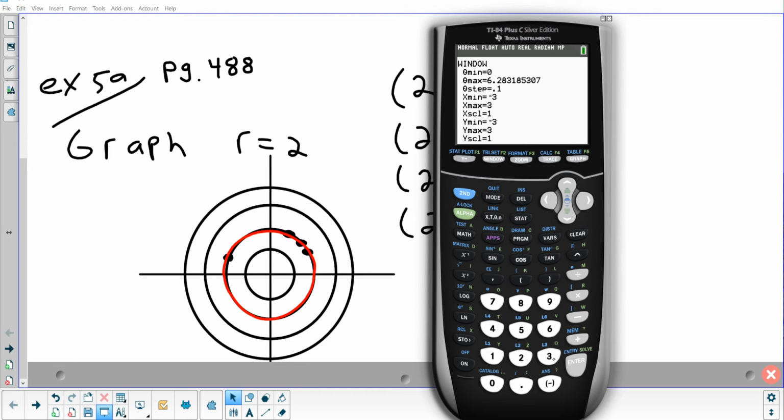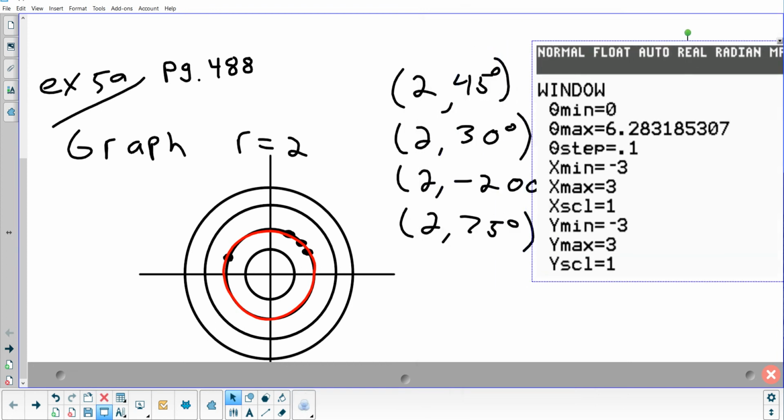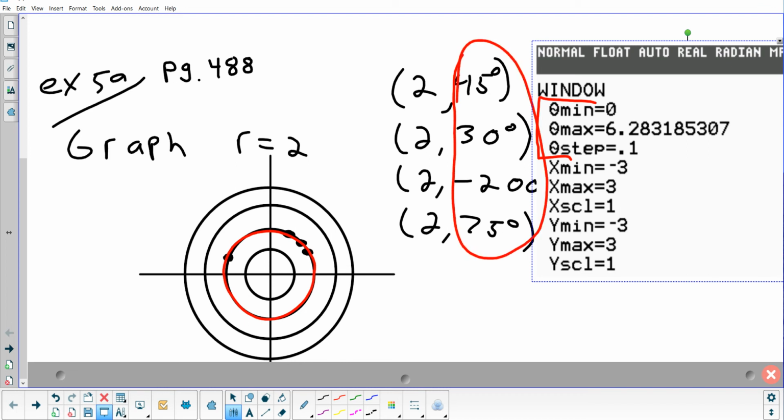That's plenty of a little bit of extra space for my sketch. Now, the thing that's similar to what we did with parametric are these 3 things. Theta is a parameter. You guys were giving me different values for the parameter right here. You gave me 45, 30, -200, 75.